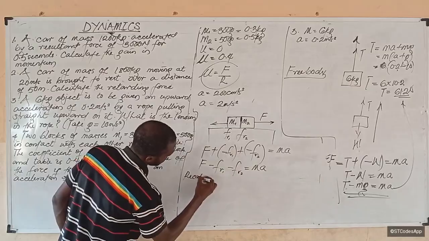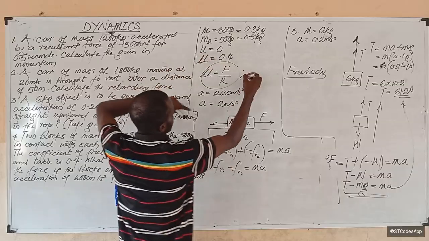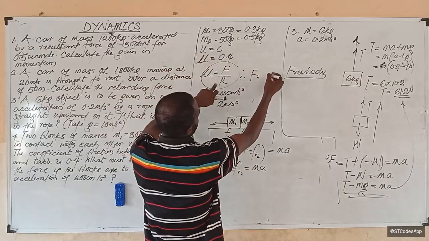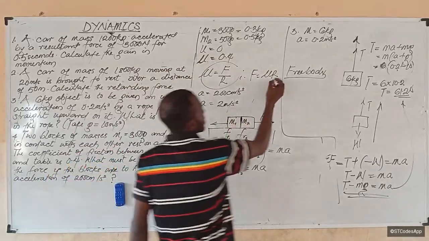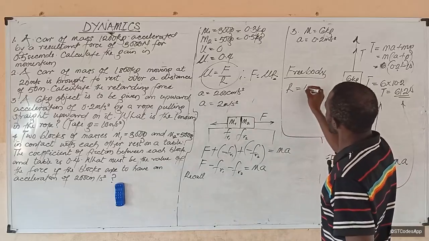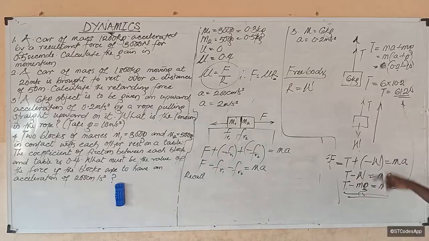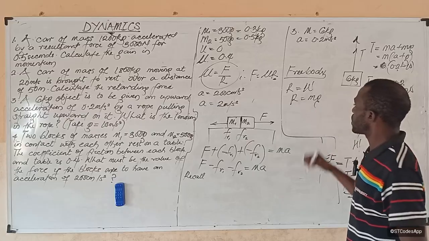Now, what is F sub R? Recall that we said the frictional force is F equal to mu R. Is it clear? Now, what is R? Remember, when the body is on a horizontal surface, R is equal to what? The weight of the body. We did that in the beginning. So R will be equal to what? mg. Is that clear?